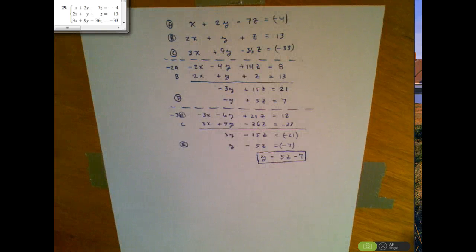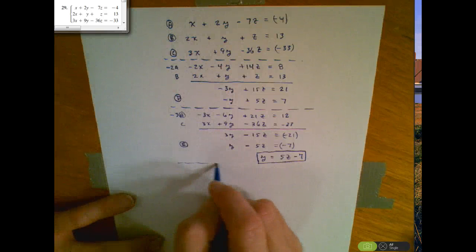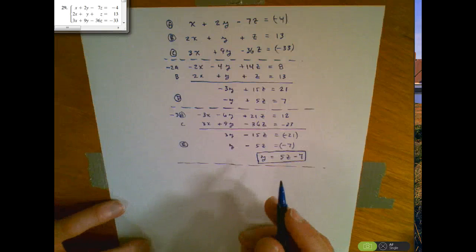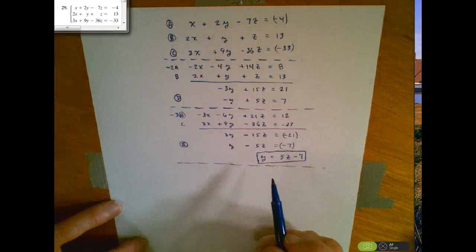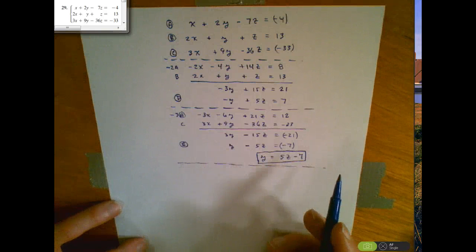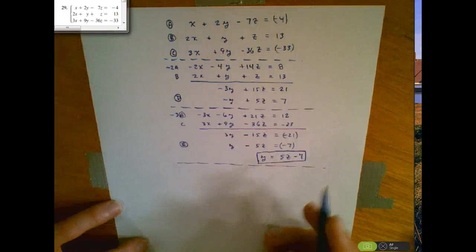Now what I can do then is take a look at another equation and then put x in terms of just z. If z is, call it, the one independent variable I'm going to keep in this equation. So let's do that by just looking at equation A. I'm going to put all the y's and z's on the right side and then see what x equals.